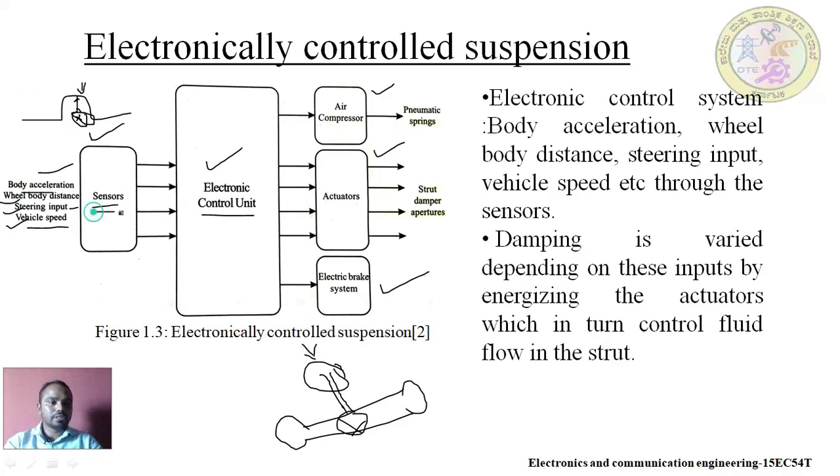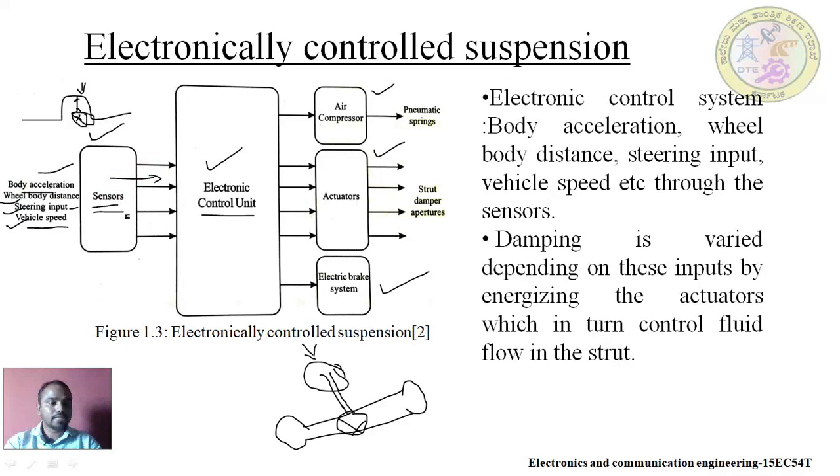Now coming to the sensor. The sensor is a device, sometimes also known as a transducer, which converts a signal from one form to another form. The input signal may be in any form, but it must be converted to electrical form.